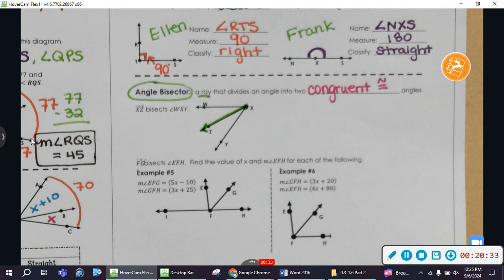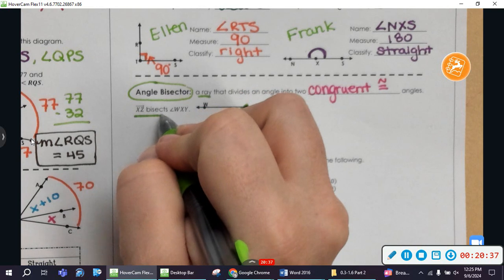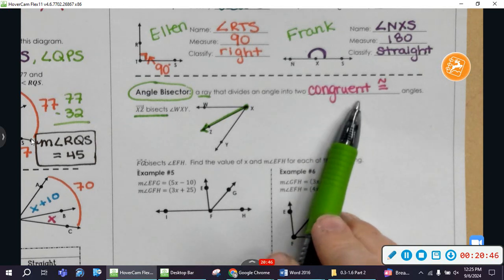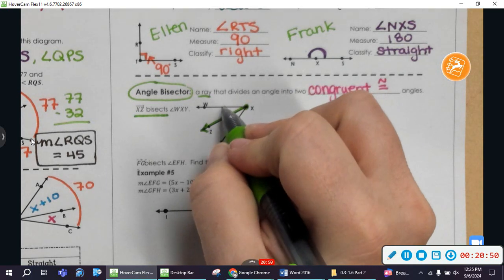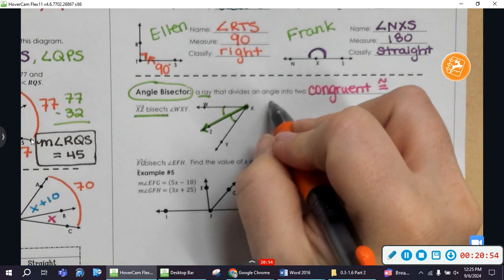So this says that ray XZ bisects that big angle WXY. Now, if it is bisecting it, it's cutting it exactly into half, into congruent parts. So I need to add our tick marks.